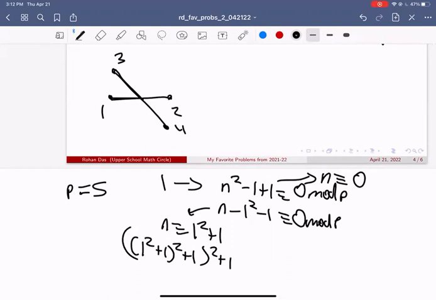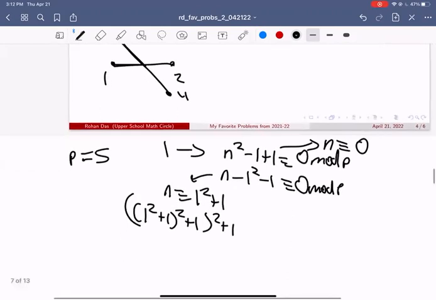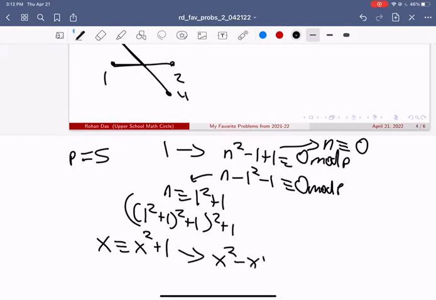Even already for 5, the squared condition is a bit hard to deal with, and it's even harder to generalize it for all primes p. So we should try to eliminate this. And we can do that by assuming there exists x such that x is congruent to x squared plus 1. This means that x squared minus x plus 1 is congruent to 0.